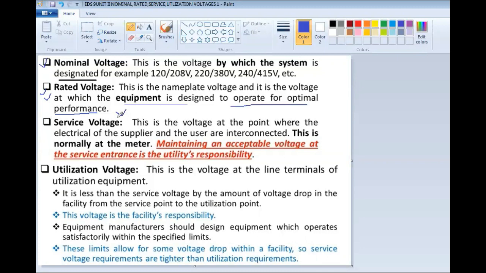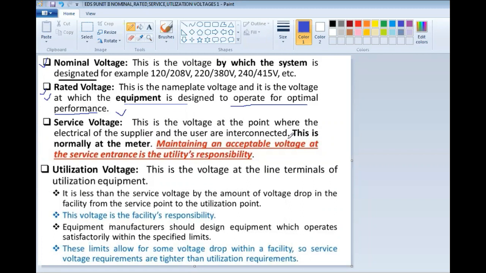Next, service voltage. This is the voltage at the point where the electrical systems of the supplier and user are interconnected. At the pole you have the supply system voltage. From the pole there is a cable, also called a service main. The service main is connected to the meter point at your home.